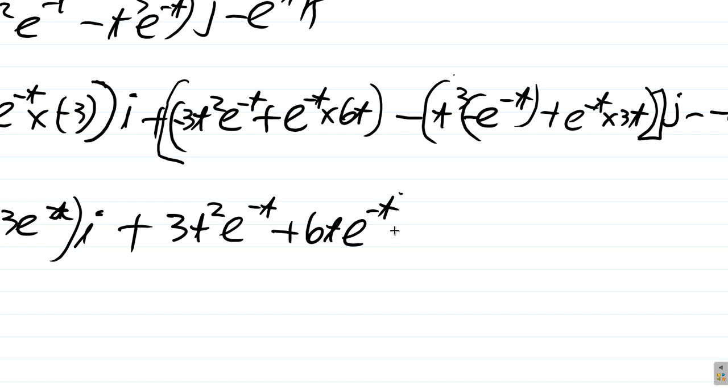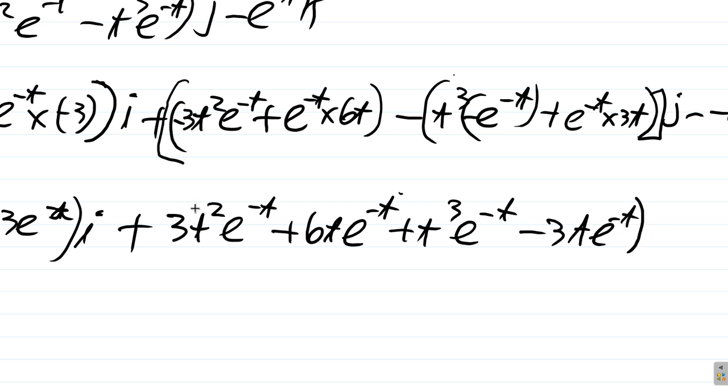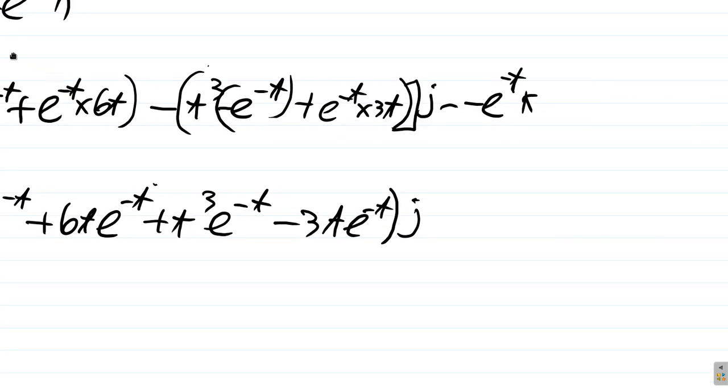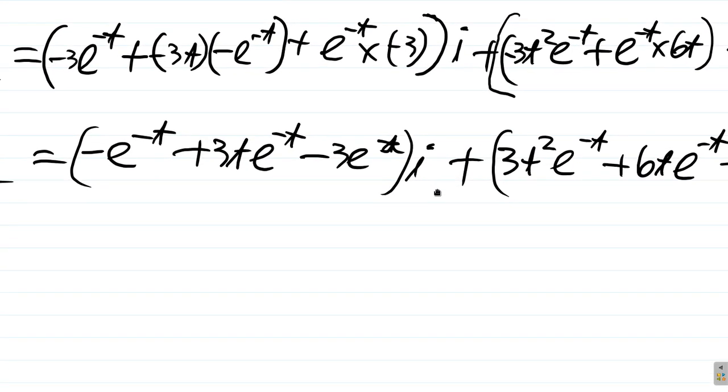If you open the bracket, it's going to be plus t cubed e to the negative t minus 3t squared e to the negative t, j, right? Then plus e to the negative t k.